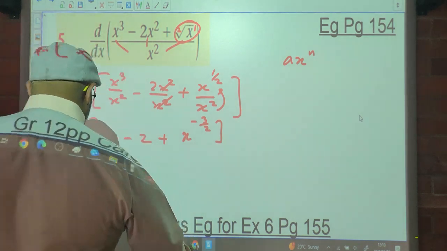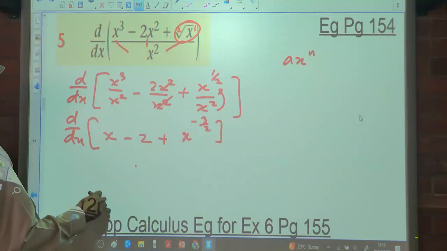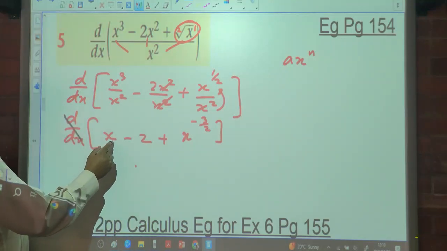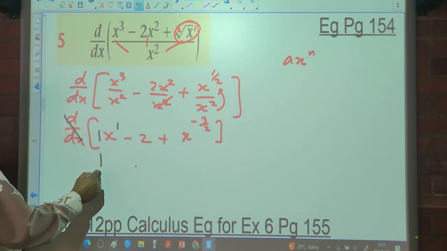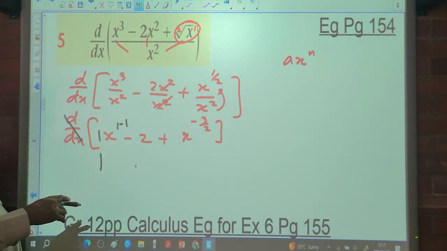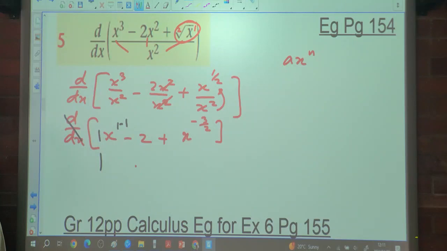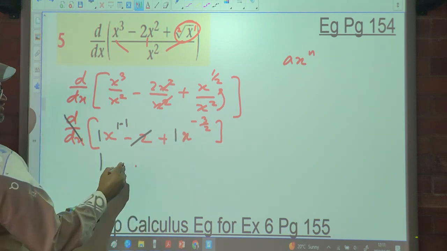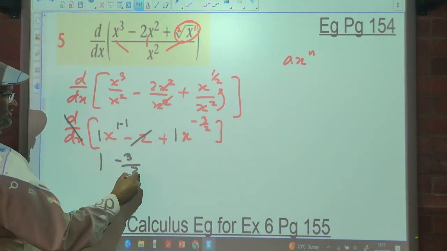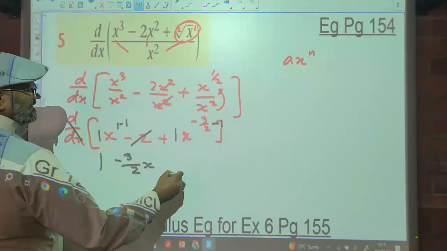Alright, so what do we get? We will drop the derivative. So apply the derivative here is 1 and 1. 1 times 1 is 1. Minus 1 is x to the 0, which is 1. Not so? Derivative of a constant? 0. So here we got negative 3 over 2 times 1. Negative 3 over 2 x, we minus 1 from that.